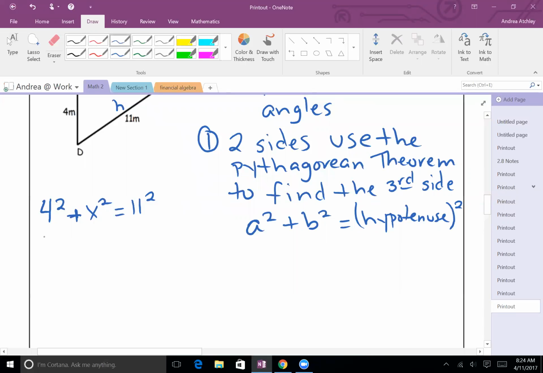Then we're going to get 16 plus x squared equals 121. Subtract 16 from both sides. I'm going to get x squared equals 105. Is that good math? Then we square root both sides.